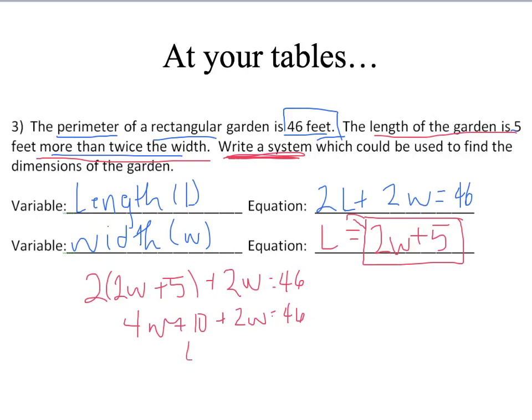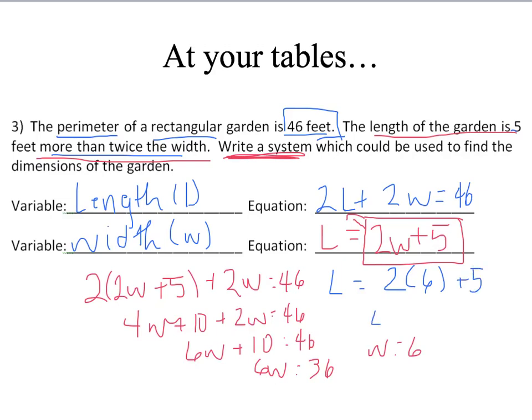Combine my like terms, it's going to be 6W plus 10 equals 46. If I subtract 10 from both sides, 6W is equal to 36, so W is equal to 6. Now to find my length, I'm just going to plug that in. Length equals 2 times my width, which is 6, plus 5, so my length is 12 plus 5, which is 17.